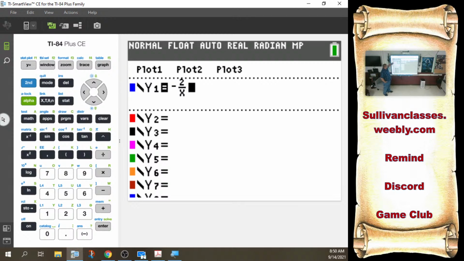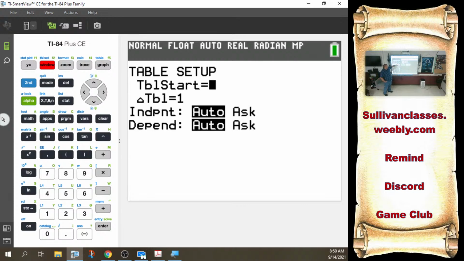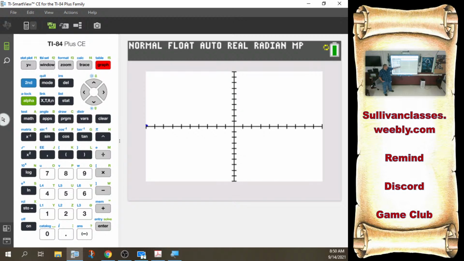I'm going to switch my table settings right above window over so I get to just ask my x value, my independent variable. Because now, well, first of all, I'm going to graph it just so I make sure that it is the right graph.